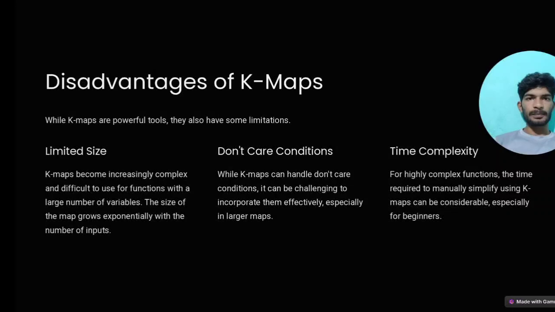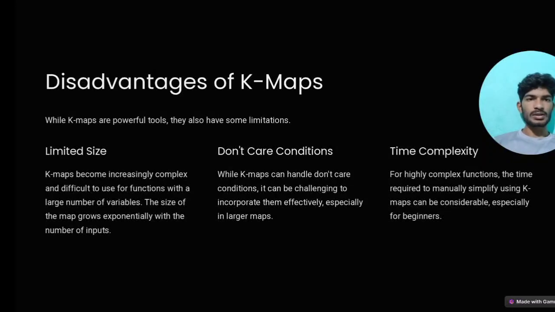Disadvantages of KMap. While KMaps are powerful tools, they also have some limitations. Limited size. KMap becomes increasingly complex and difficult to use for functions with a large number of variables. The size of the map grows exponentially with the number of inputs.